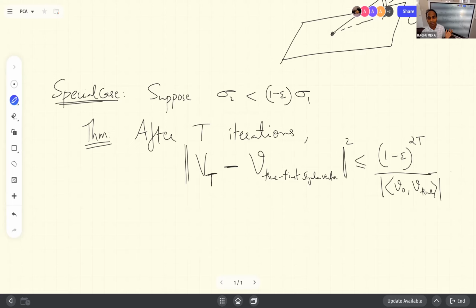If sigma 1 is equal to sigma 2, then you cannot pinpoint a single vector which achieves the maximum. There are two things, and anything in the span will also do equally well. Any questions about this statement?